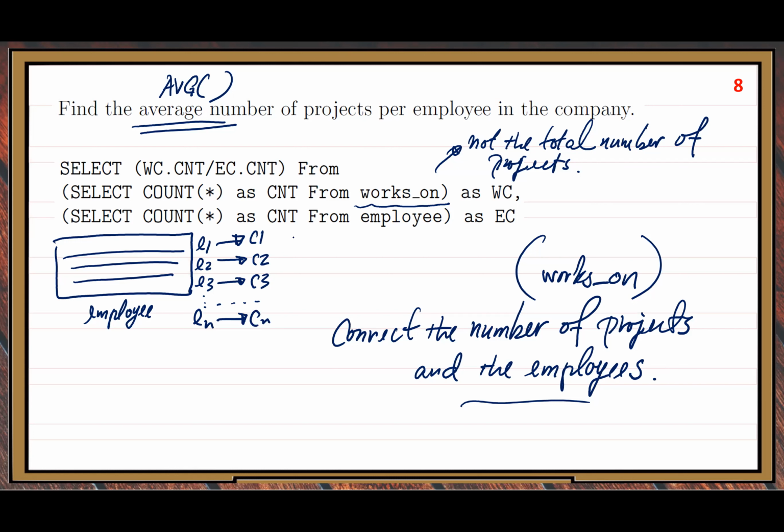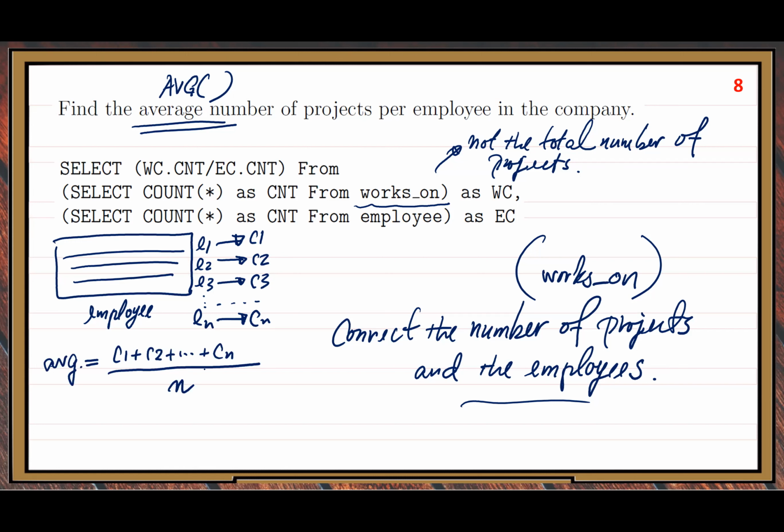Then to do the average, you need to add up all these count numbers, divided by n.